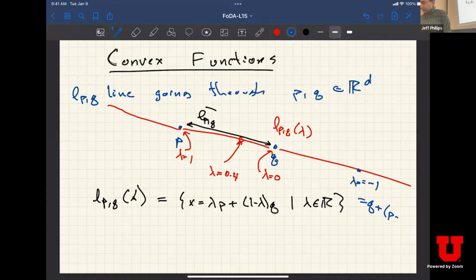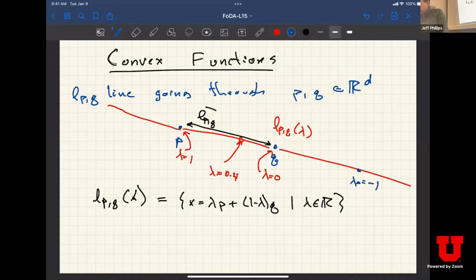Let's see. Oh no, it's Q minus... Let's see, I have this backwards. Okay, it's going to be Q plus Q minus P. Is that right? So if I put in -1, I'm going to get... Let's write this out more carefully.